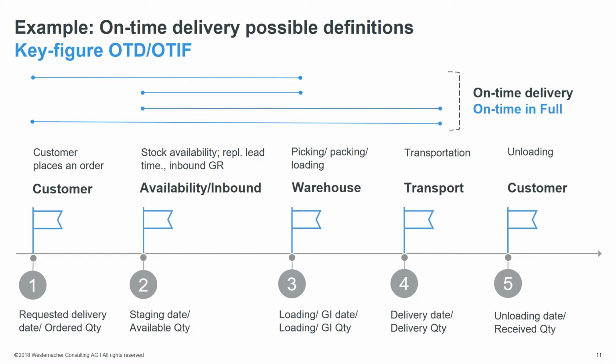And then obviously we can break down the key figure into individual steps, like how well can we pick, how can we load, stage, how can we do replenishment, etc.